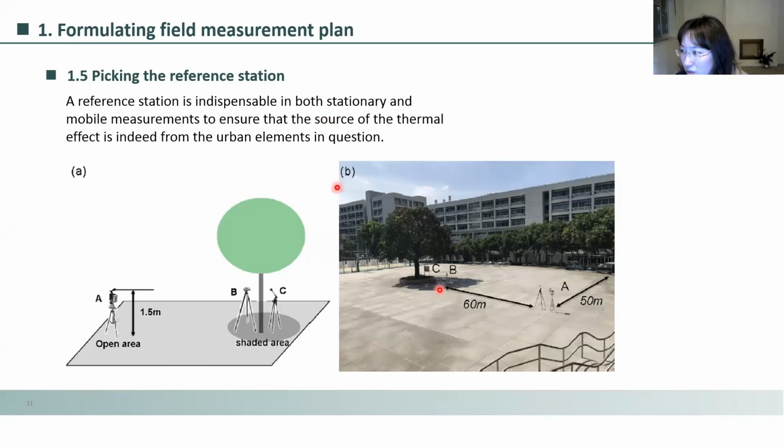As you can see in this photo, this is the field site and the reference site in my previous experiment. By comparing the differences between the tree shading area and the nearby open area, we will know the thermal effect of this mango tree.